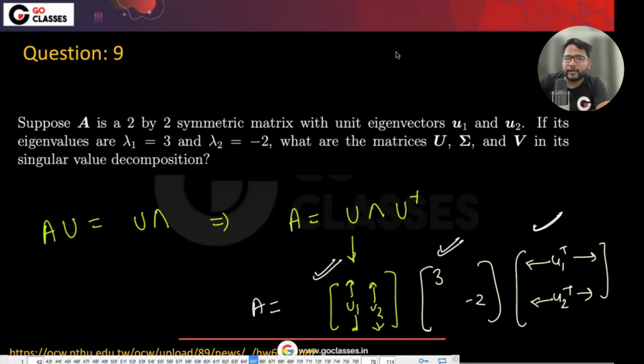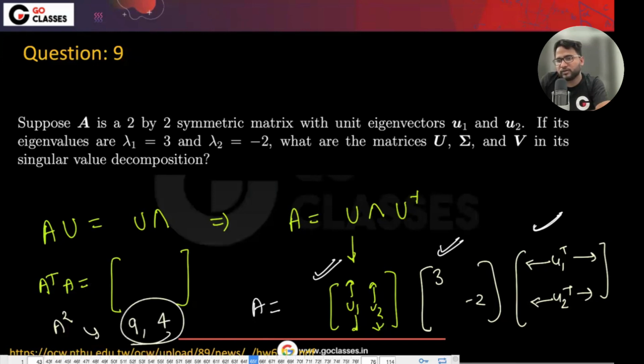Maybe you can calculate A transpose A, right? So this was the eigenvalue decomposition. But if you calculate A transpose A, what will it be? Since it is a symmetric matrix, this is just A into A, which is A square. The eigenvalues of A square will be 9 and 4, right?